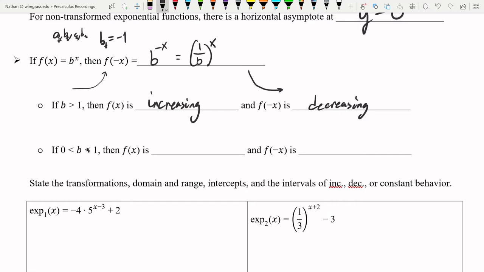Now, if b is between 0 and 1, that's of course just this function here. Think of 1/2 to the power of x. This was 2 to the power of x. Then f of x is decreasing. And of course, if you plug in negative x, you're going to get the flipped version again. That's increasing.